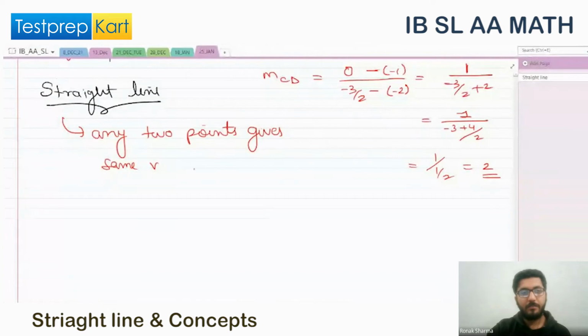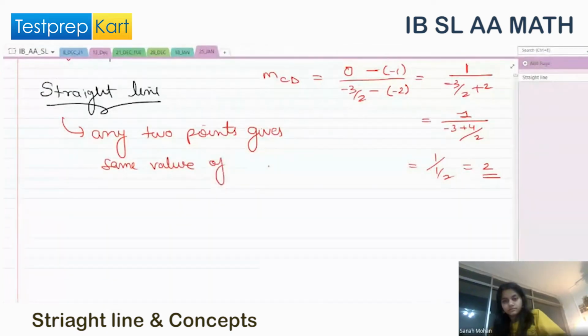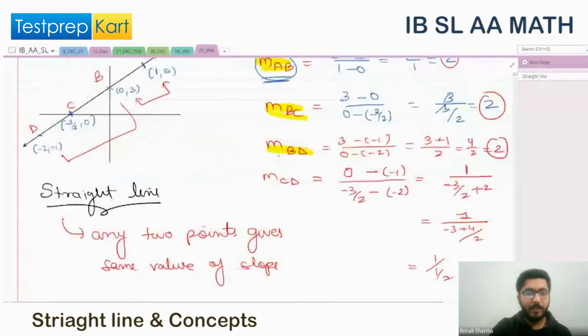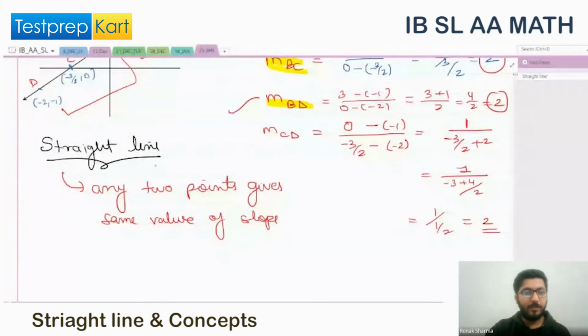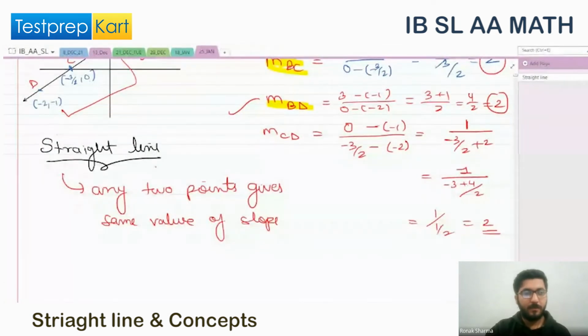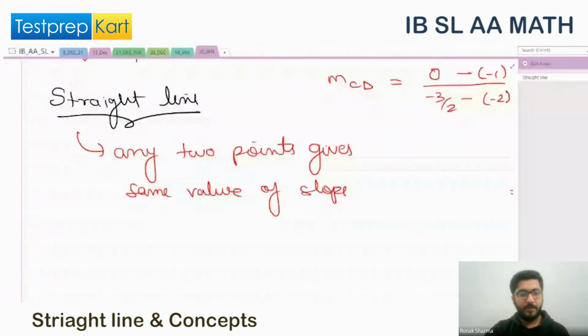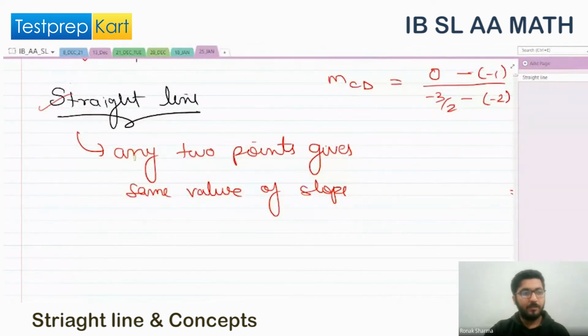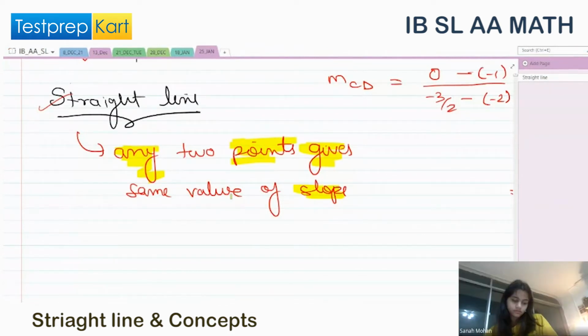Got it? Note it down fast. I think you have noted down the calculation. Yes, note down this: on a straight line, any 2 points will have the same value of slope.